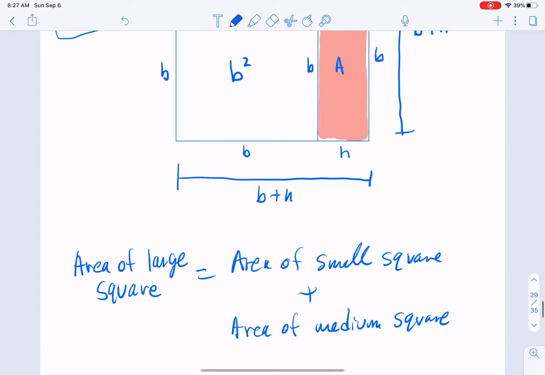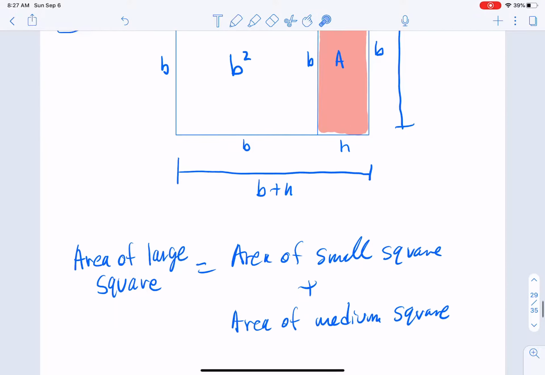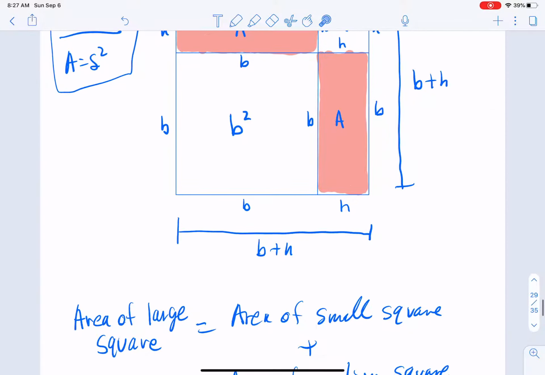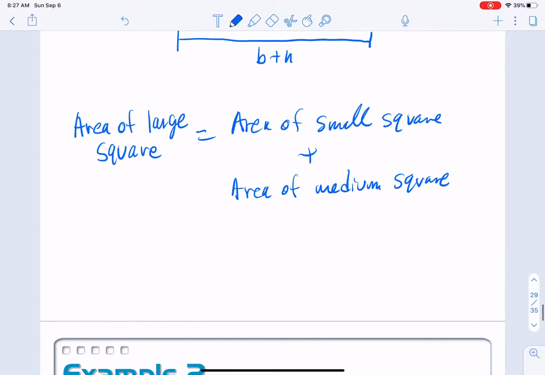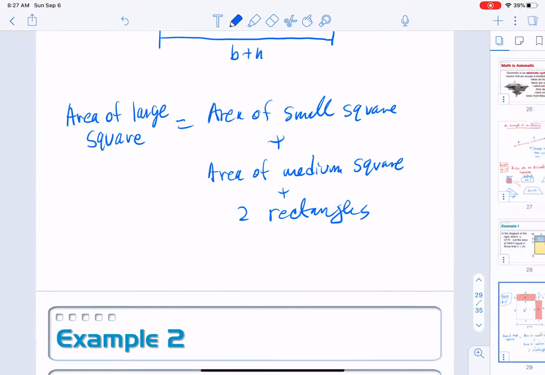And then these two beautifully colored red rectangles, right? Whenever I put it together, it's just going to be A. All right, that's all I know. It's called A. So plus 2 rectangles. And the word area should probably be in there someplace.